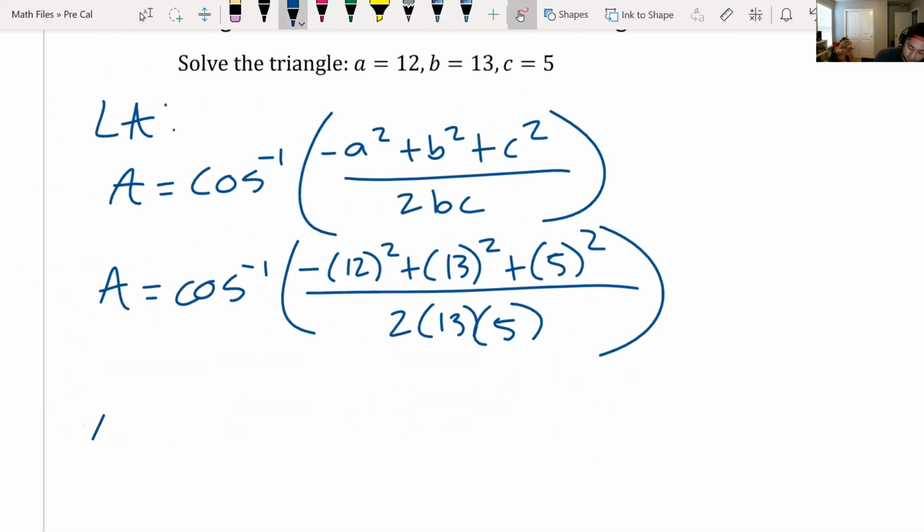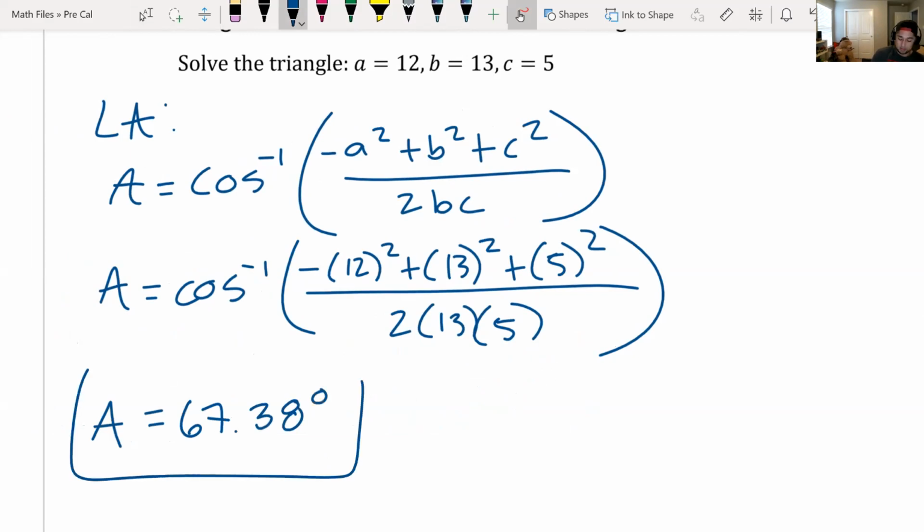All right. And now A, let's see, inverse cosine, negative 12 squared plus 13 squared plus 5 squared over 2 times 13 times 5. A is 67.38 degrees.